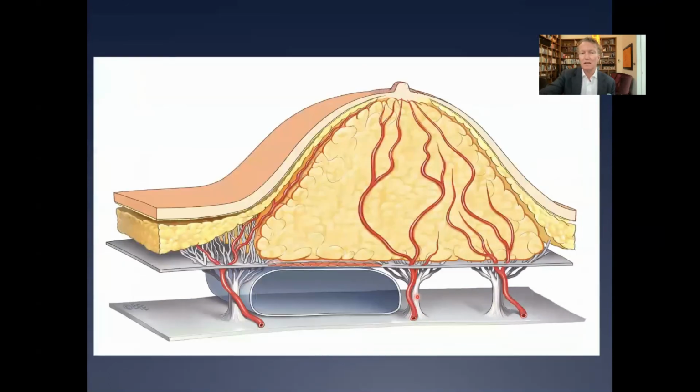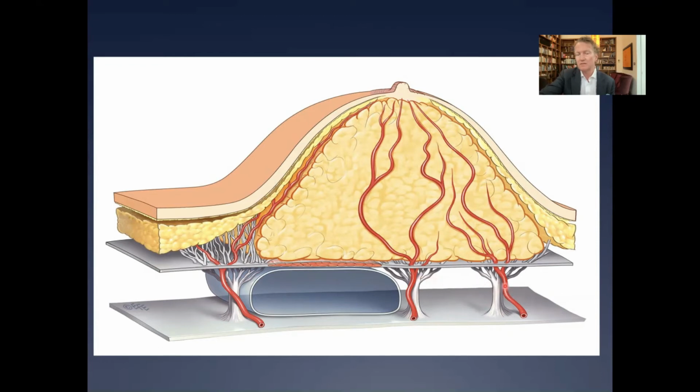So if we take this then, say, into the chest and the breast, we have pectoralis major. It's got to move, so the ligaments must be at the edges of pectoralis major. So here we have the internal mammary artery and the perforators emerging at the medial border of pectoralis major and then coursing up into the overlying breast. Out laterally, there's no pectoralis major.